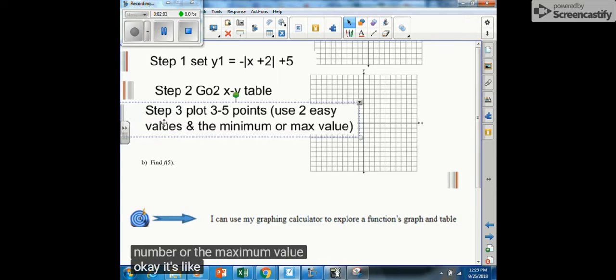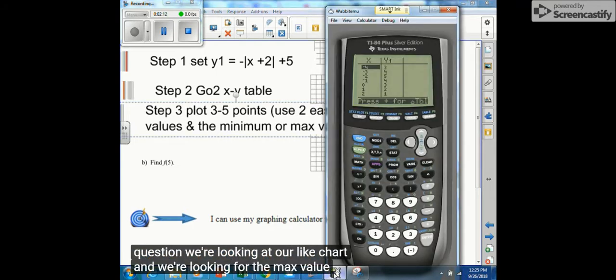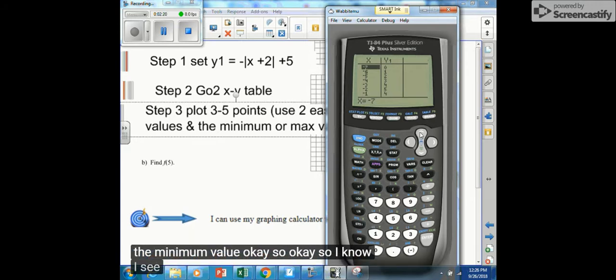Like in our previous question, we're looking at our Y chart, and we're looking for the max value and the minimum value. I see -8 is increasing. There's a positive number, +1.